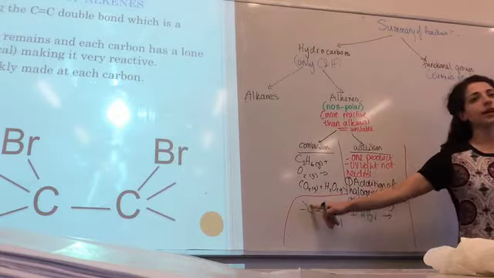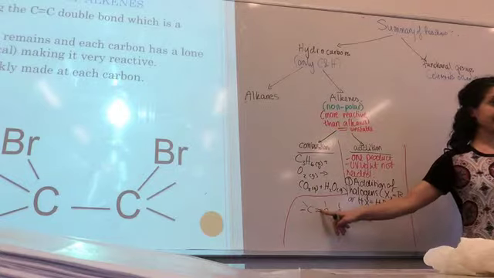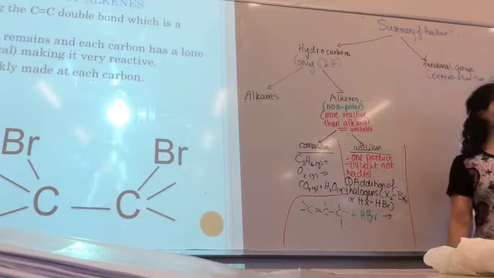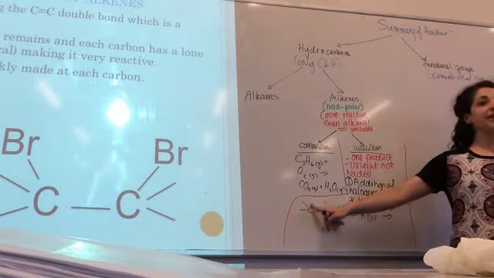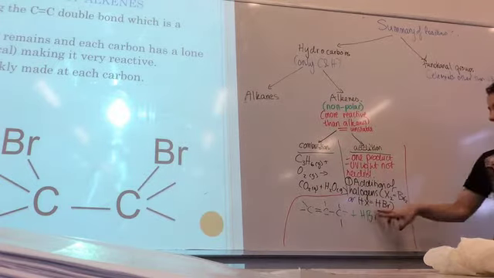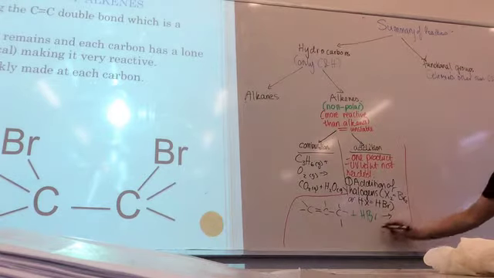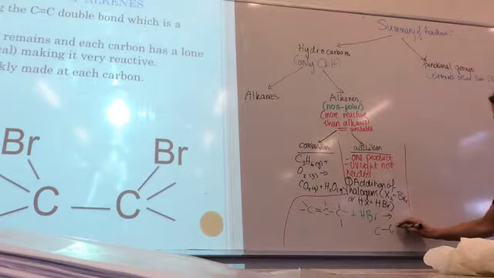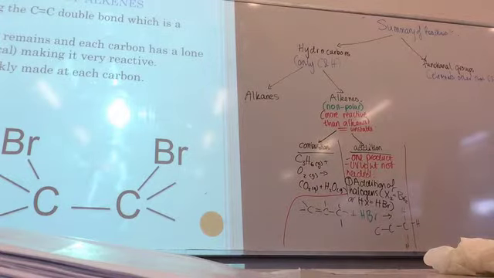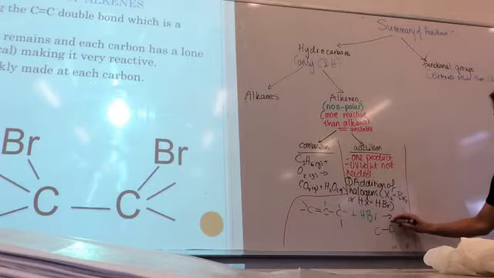The H can go here and the Br can go here. Or, yes, the Br could go here and the H could go there if it reacts flipped that way. Okay? So we only get one type of product at any given time, but there are 2 possibilities. The isomers. They are isomers.